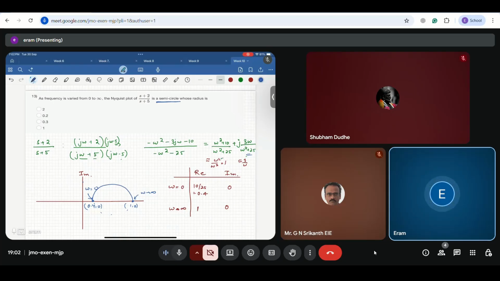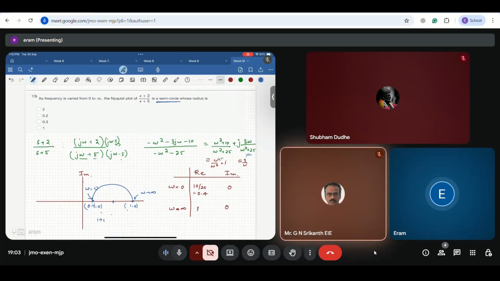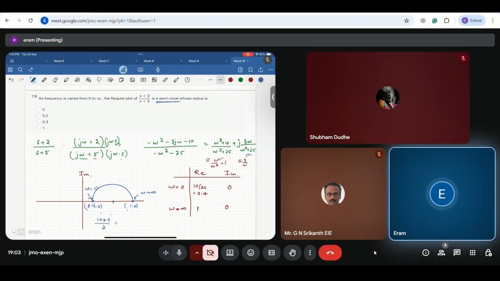Now since you have the semicircle and the end points, can you calculate the radius of the semicircle? What will be this midpoint? It will be (1 plus 0.4) by 2, that is 0.7.